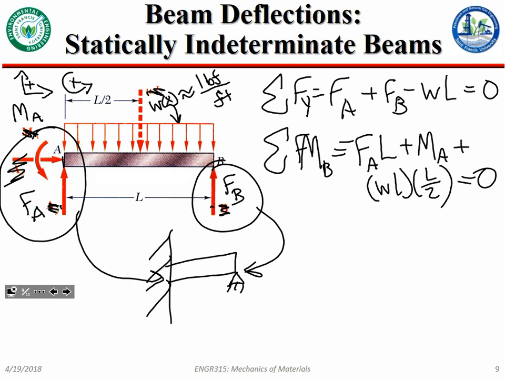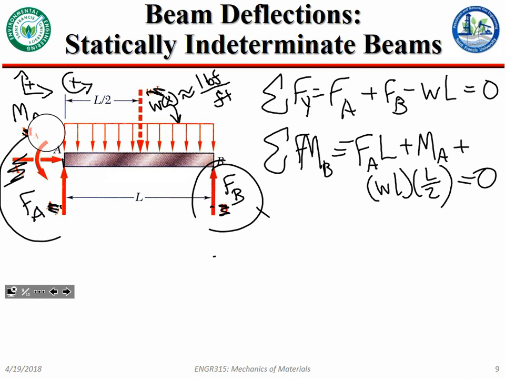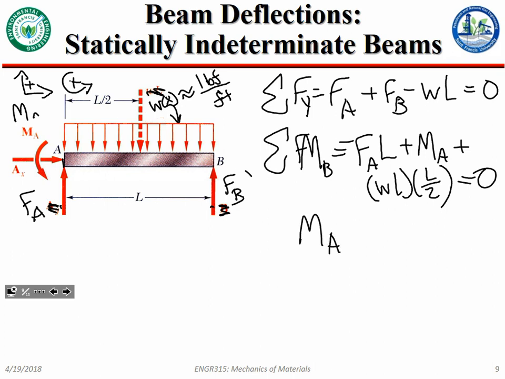So what we can do is make some more room. I can find out what at least two of these things are in the context of a third. So I could solve this one for MA. I can get MA equals FAL minus WL squared over 2.